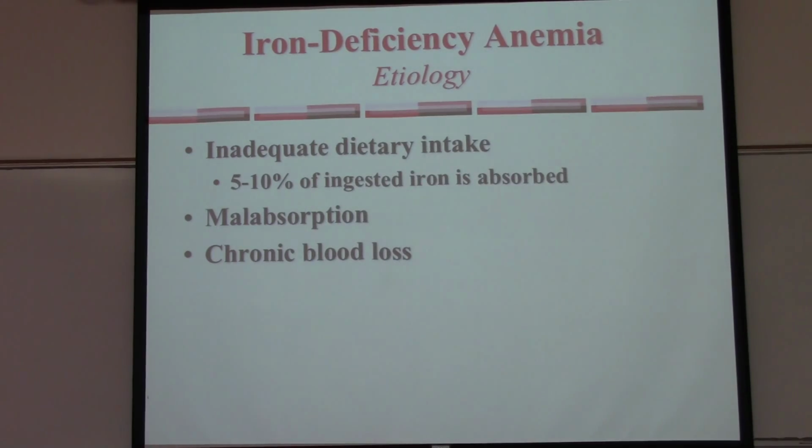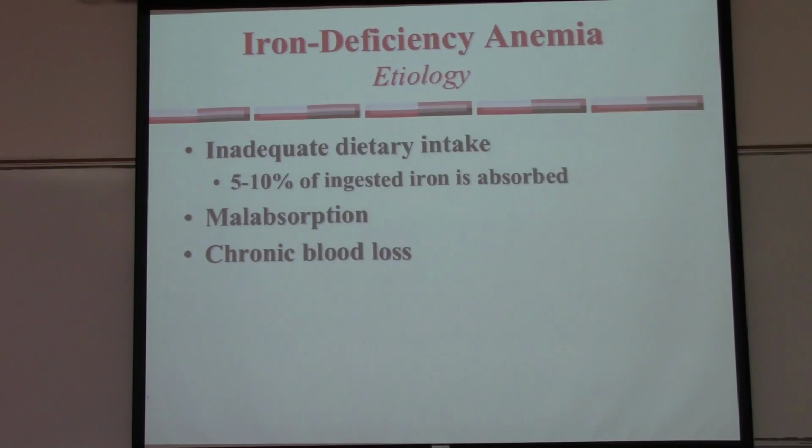In a chronic blood loss, and you may have already made this connection, when I said average menses is 45 mils and 22 mils of iron is lost, that means that every 2 mils of blood has a milligram of iron in it, right?